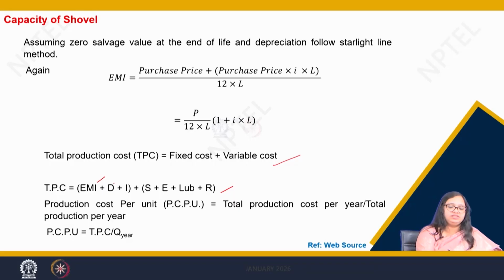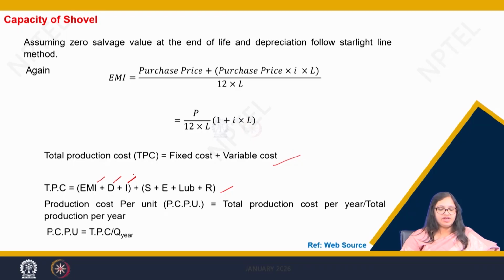then an EMI has to be given every month, which goes as a fixed cost. Then there is a depreciation cost, and there is the interest that has to be added, and there is insurance cost which has to be added to give the fixed cost. Now, there is a variable cost.